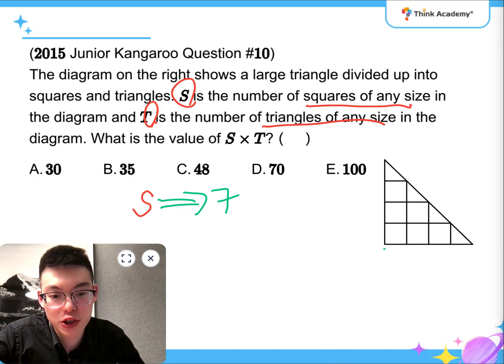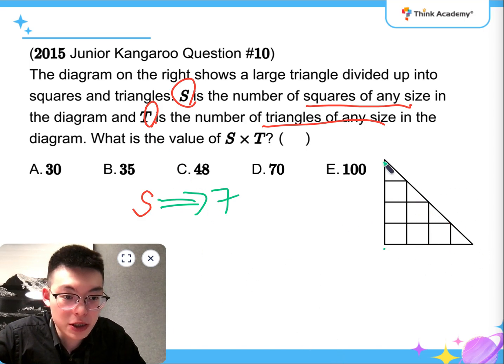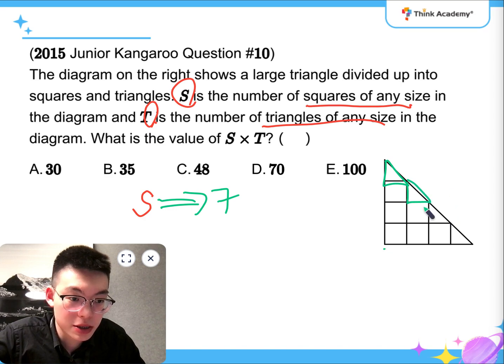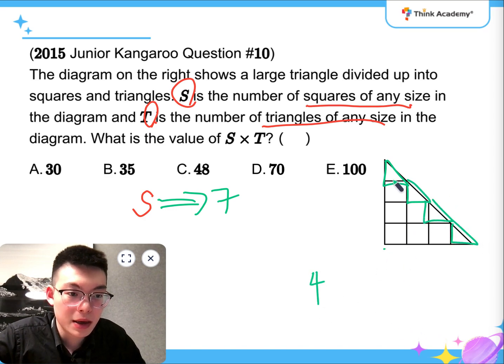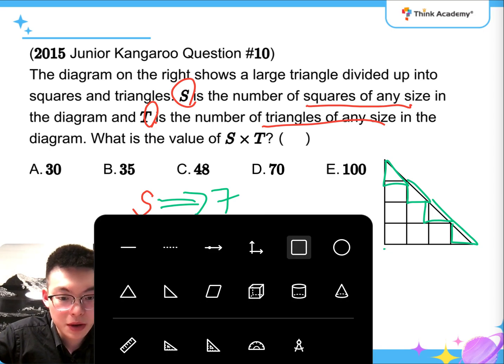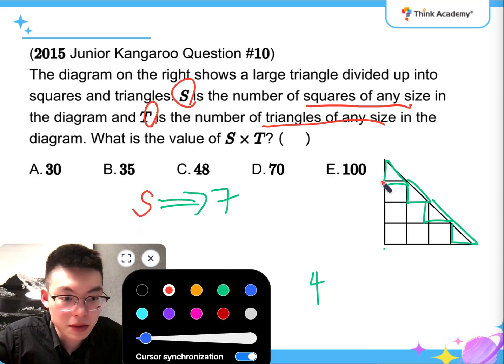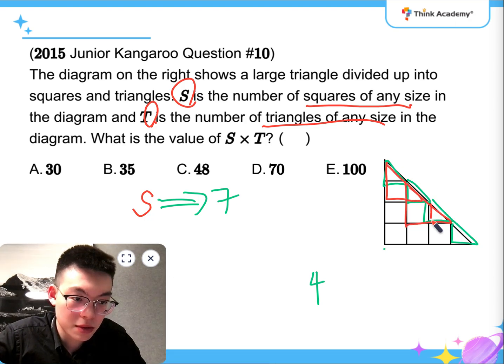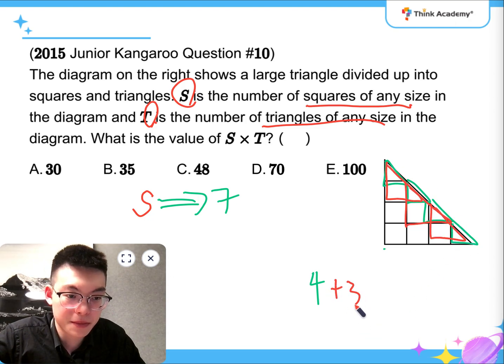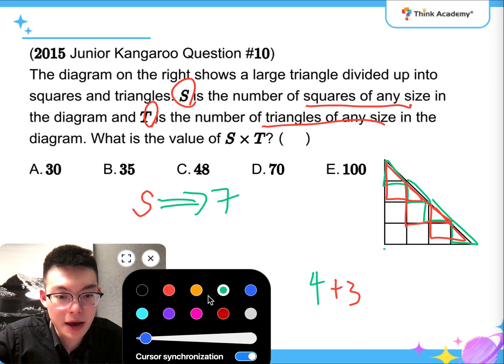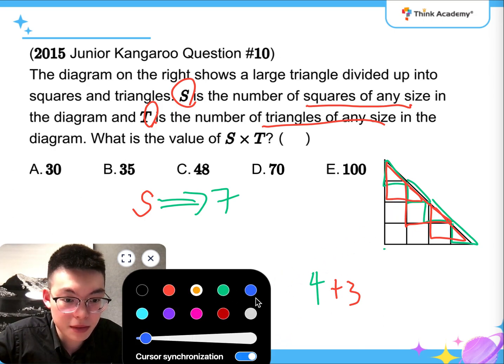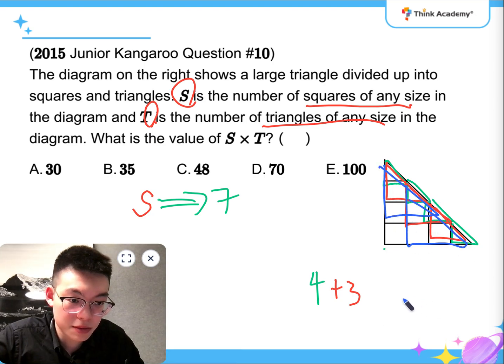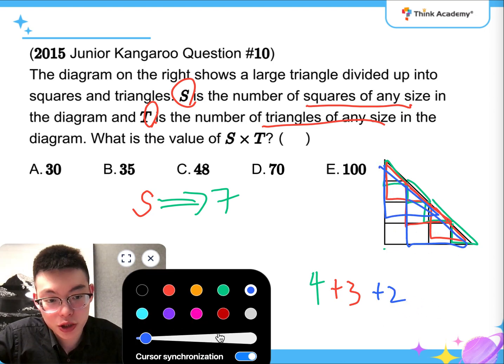And then counting triangles. First of all, I have these tiny ones, 4 of them. And then we have the 2 layered ones, 3 of them. And then we have the 3 layered ones, 2 of them.